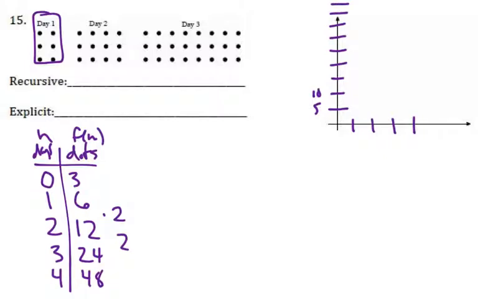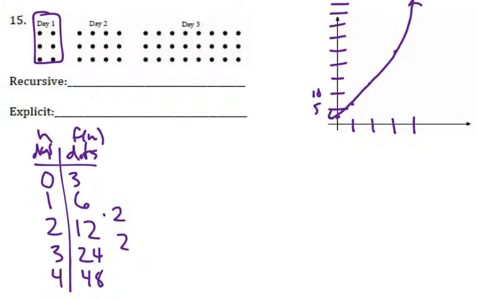So at 0 we're at 3, so about right here. 1 we're at 6. 2 we're at 12. 3 we're at 24. So right about there. And at 4 we're clear up here to 48. So it looks like it curves kind of like that.